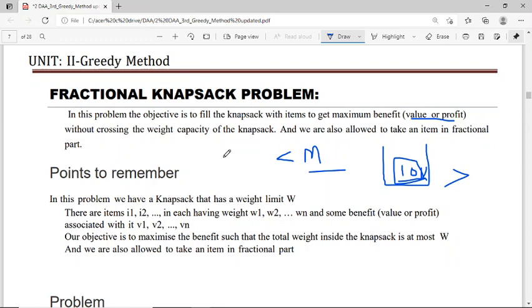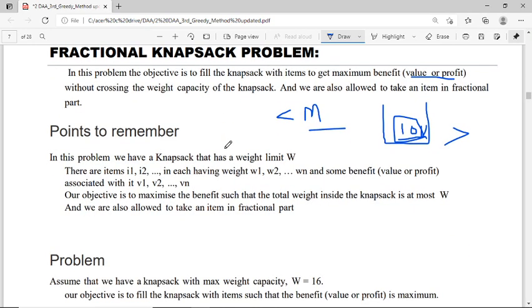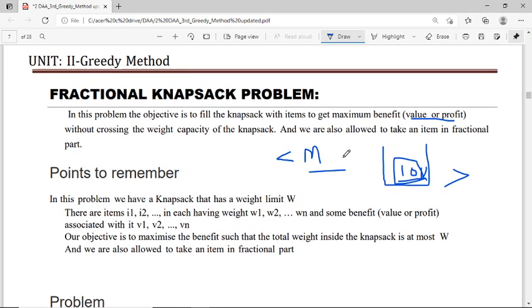Now in this we will have sigma x, here i and p.